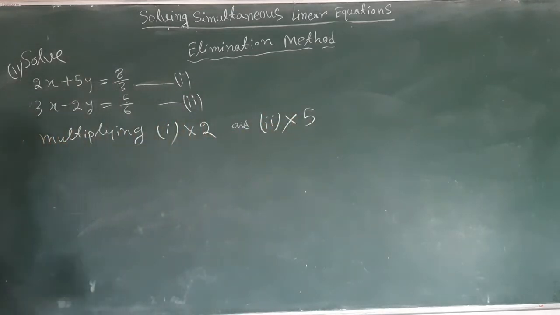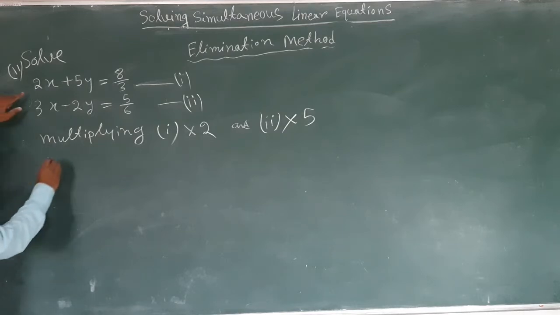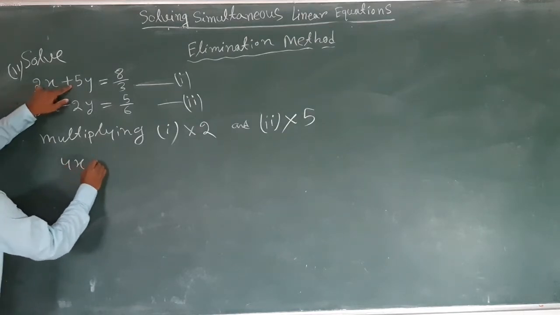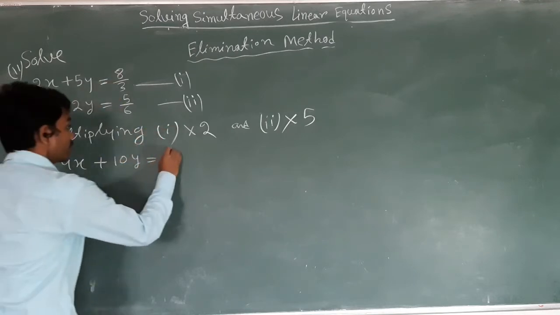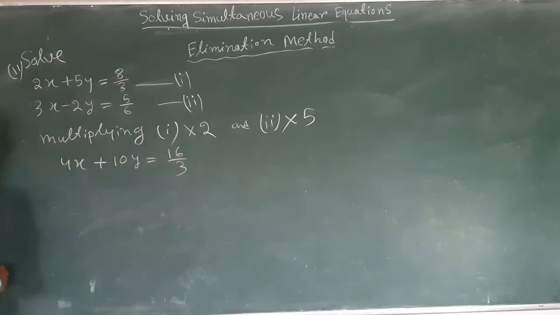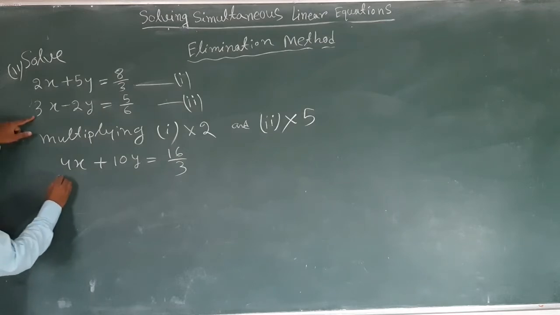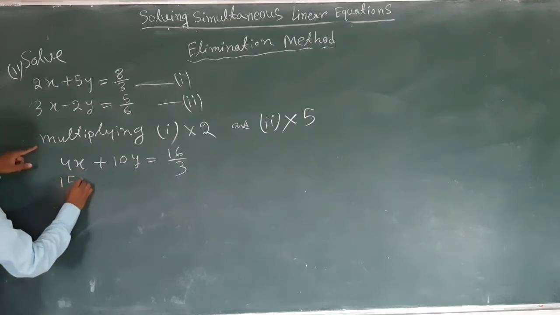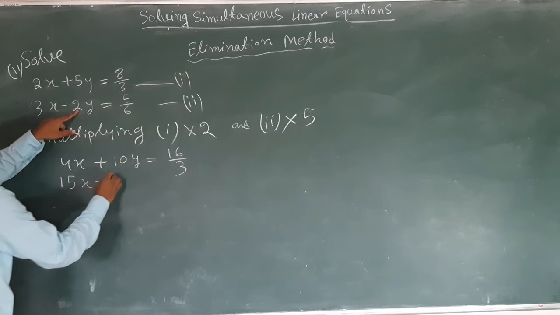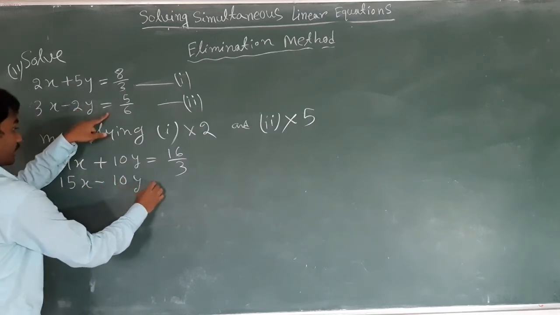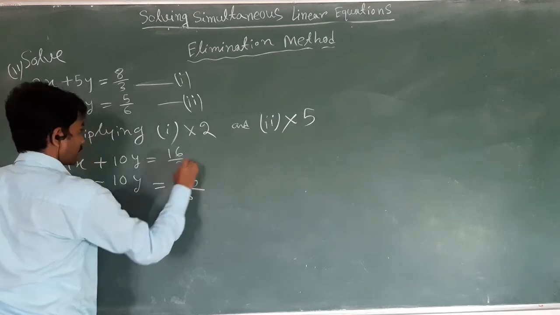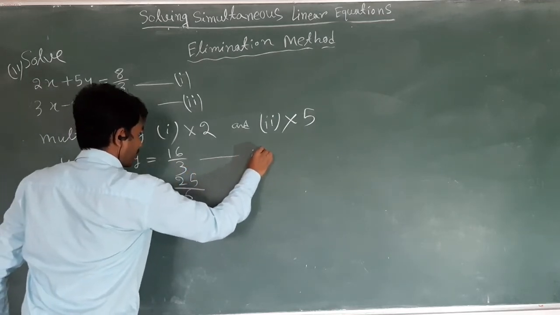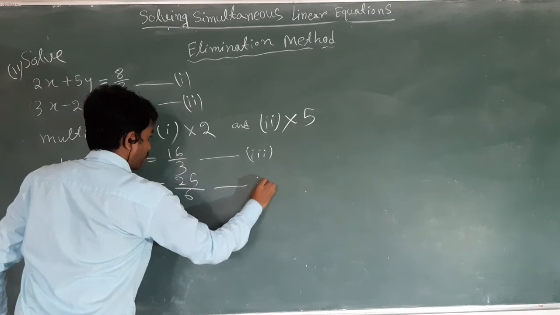Then we get two new equations. First one will be 4x plus 10y is equal to 8 into 2, 16 upon 3. And another equation will be 5 into 3, 15x minus 5 into 2, 10y is equal to 5 into 5, 25 upon 6. This is third equation and this is fourth equation.